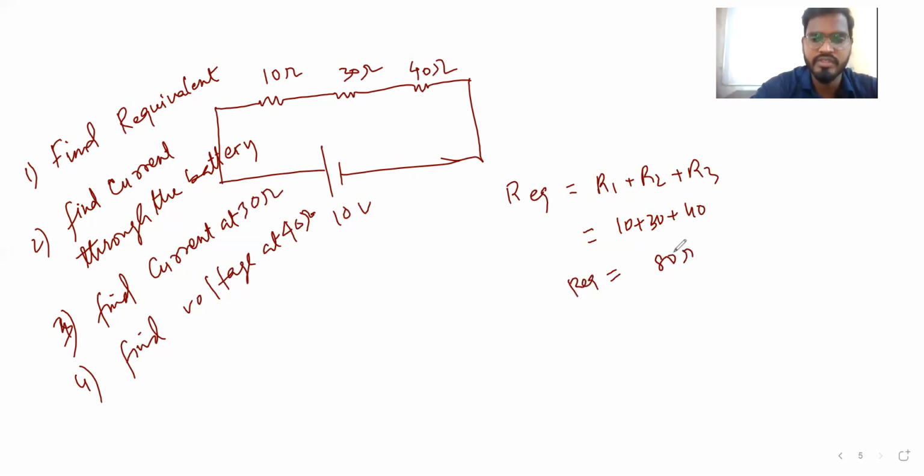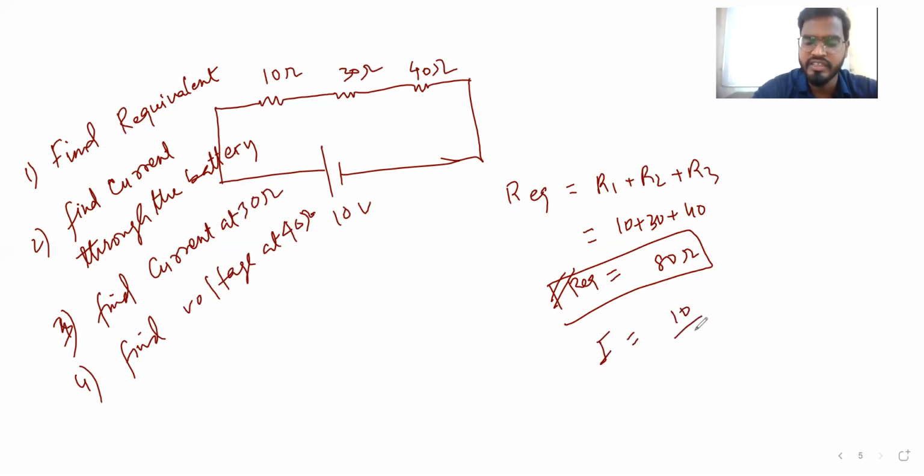R equivalent is 80 ohm. Right? Now we will find current. We know current I is equal to V by R. V is 10 by 80. So 1 by 8 ampere, right?